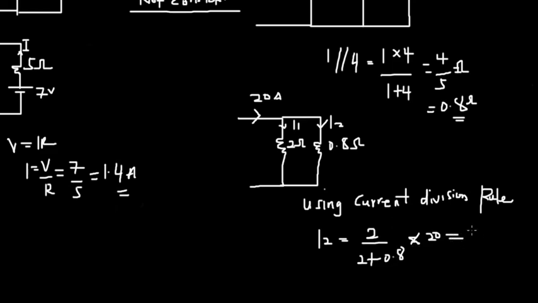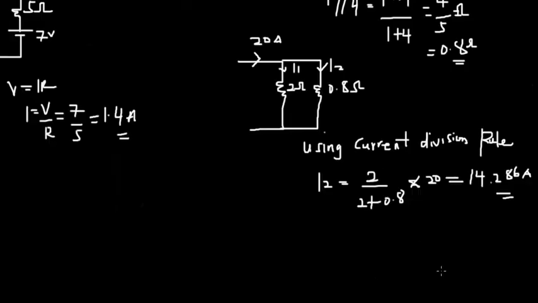When you compute this, you end up with 14.286 amps. So we know that I2 is 14.286 amps. Let's proceed now.